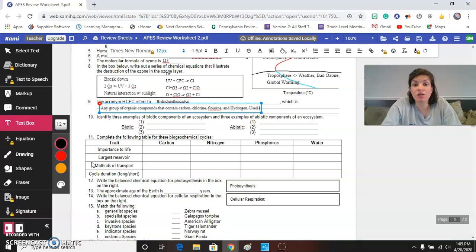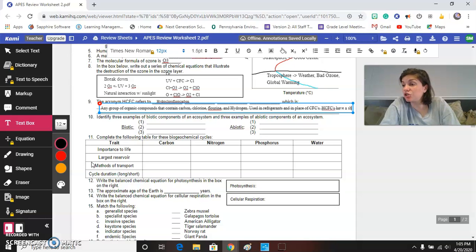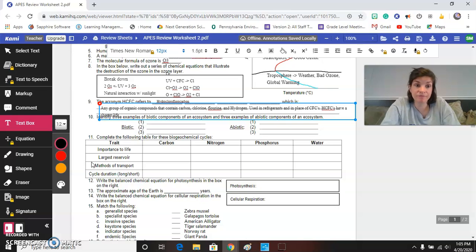It's used in refrigerants and in place of CFCs. HCFCs have a shorter lifespan and are less reactive, or have a less reactive chlorine.